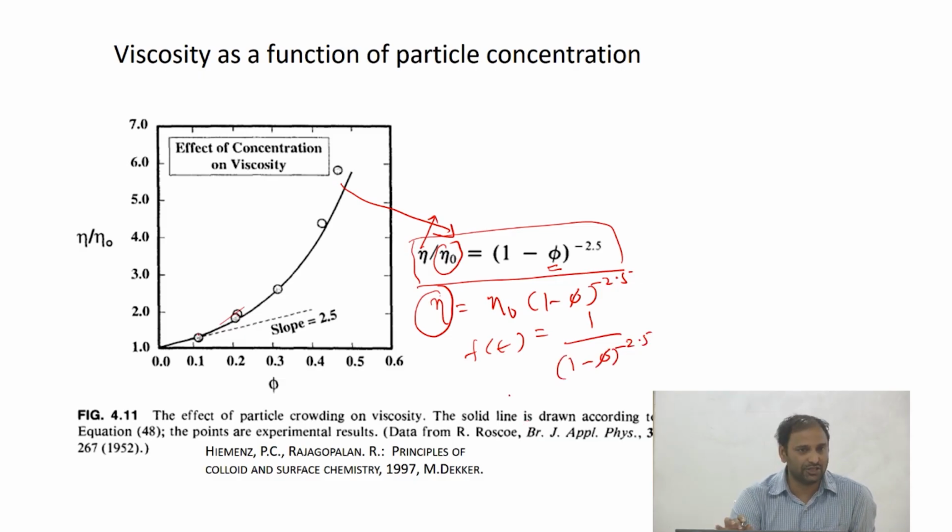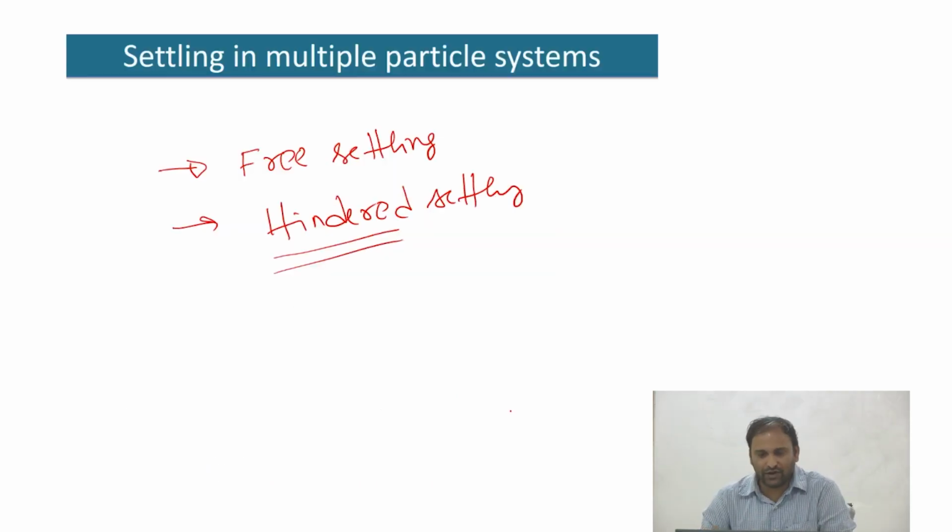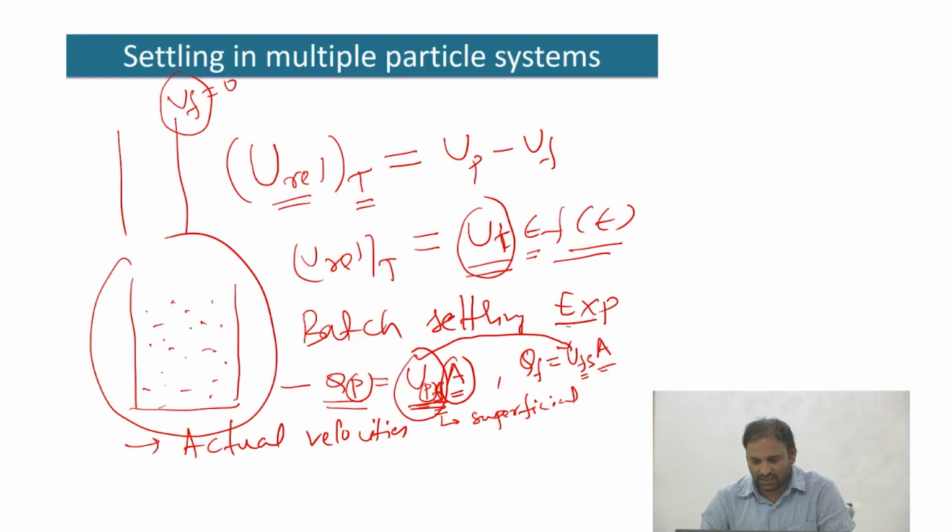So these relations, which basically correlate the viscosity of the particle-filled system to the viscosity of the neat system and the volume fraction, will give you a way of actually getting this f function, which is what I need to go back and complete my derivation of finding out what the settling velocities are.